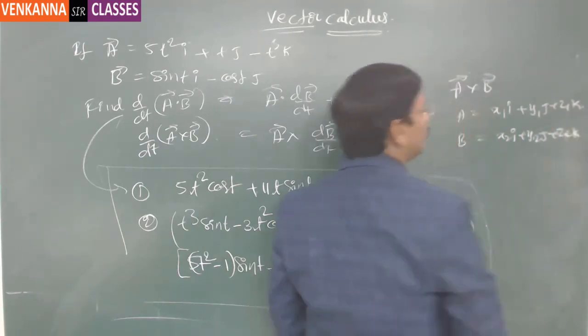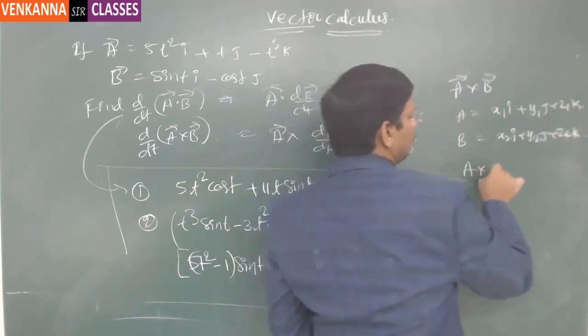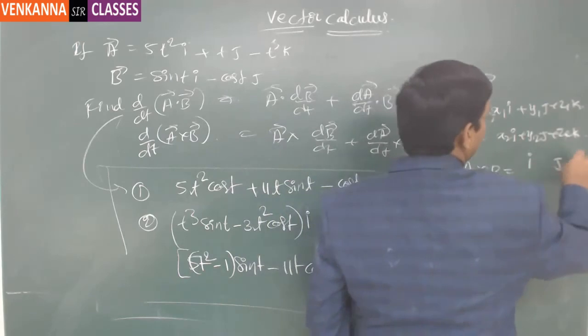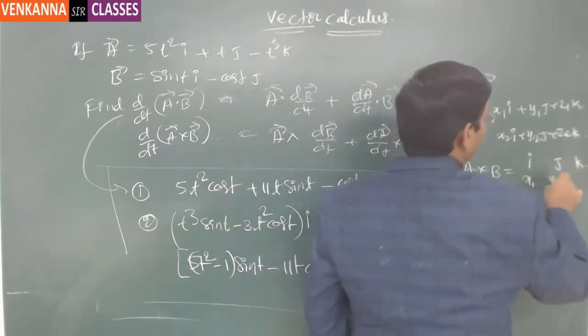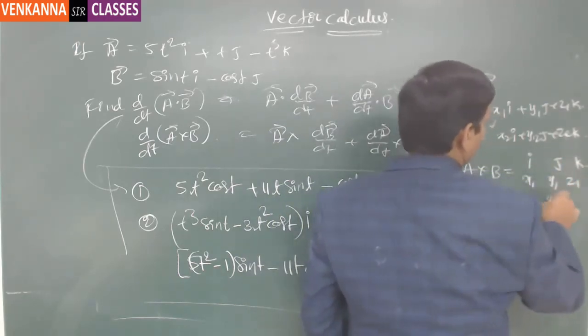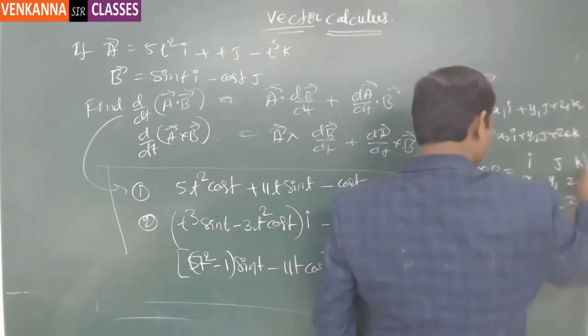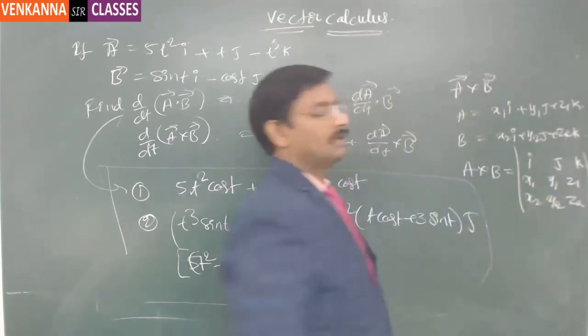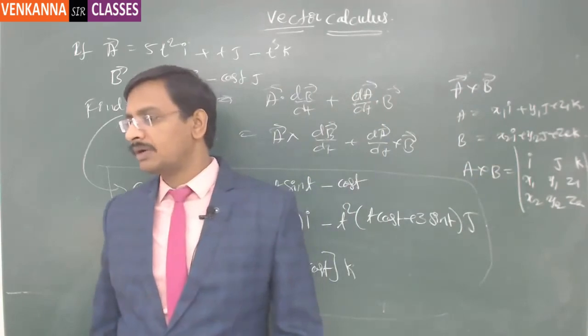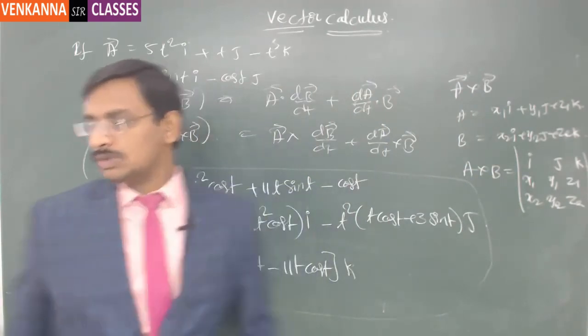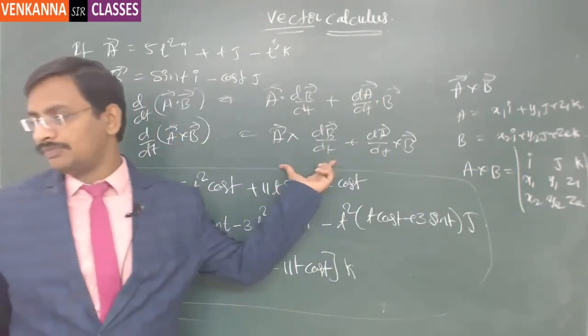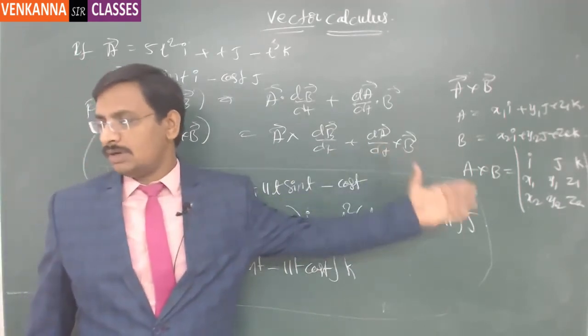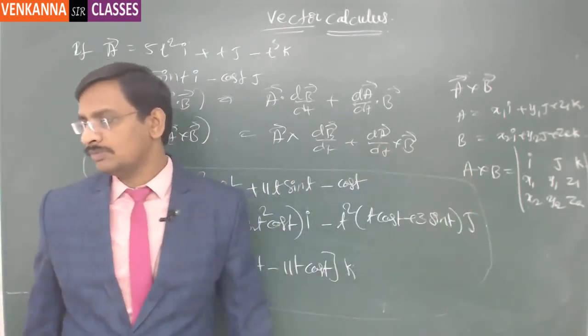Then A cross B you can find out as the determinant of the matrix with rows i, j, k; x1, y1, z1; x2, y2, z2. This is the methodology of finding the cross product of two different vectors. The same principle you have to apply here. It takes a lot of time in simplifying this. Got it?